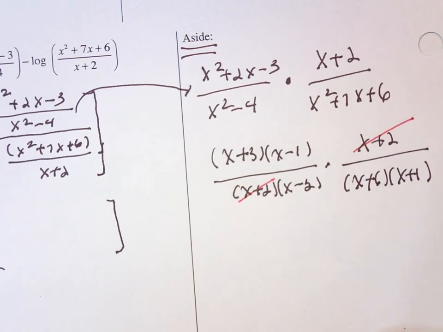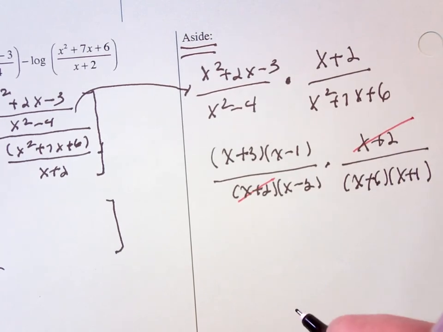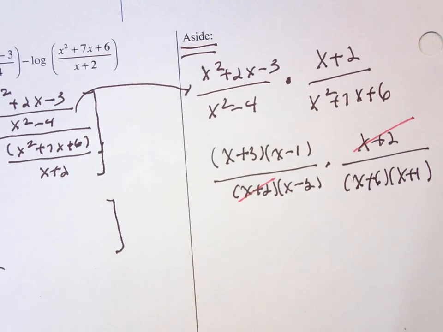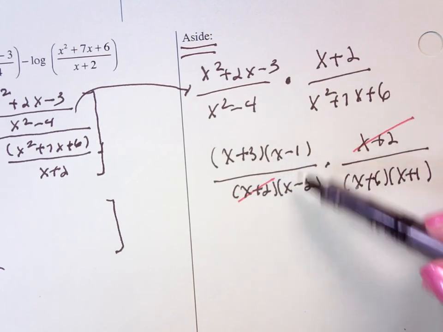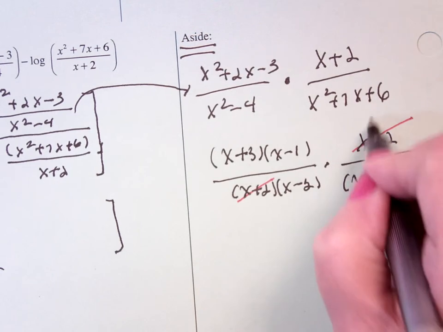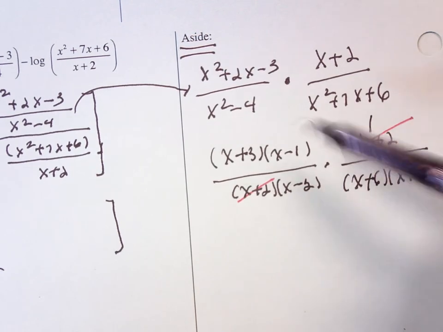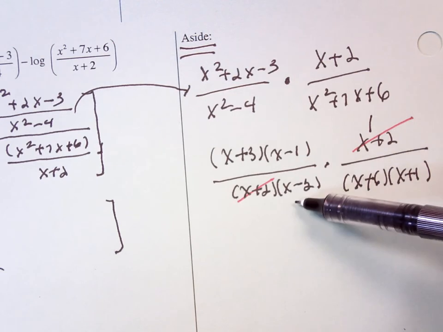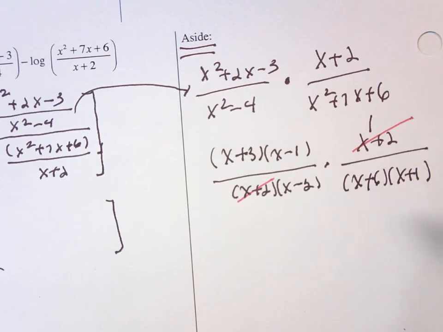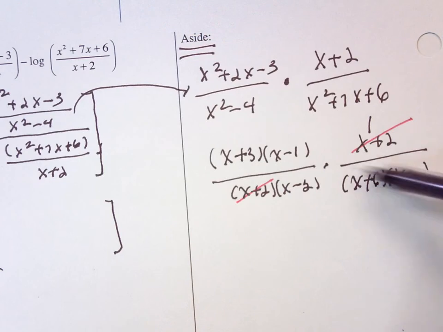Well, that's about it. It would be nice if I could get rid of something else, but I don't have anything else up here. This is a 1. So this would be x plus 3, x minus 1, over x minus 2, x plus 6, x plus 1. This is an x plus 1, that's an x minus 1.